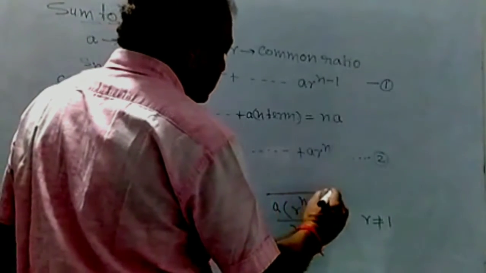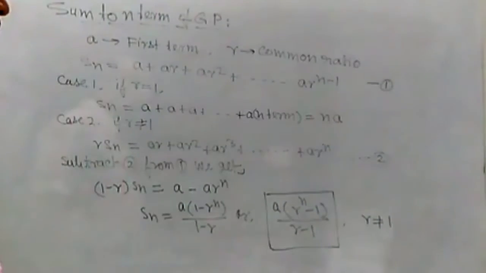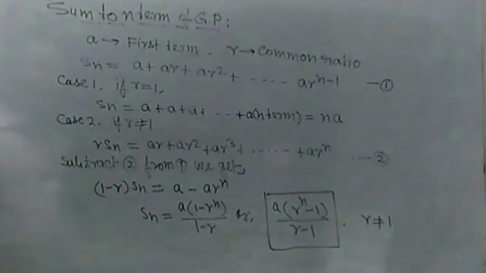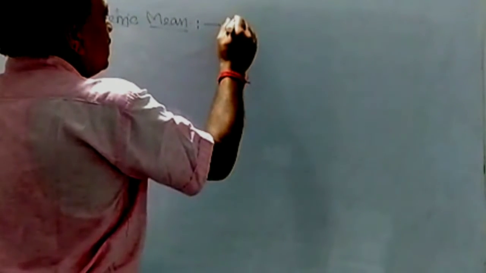This will be Sn, the sum of n terms of a GP. Let us see the geometric mean.